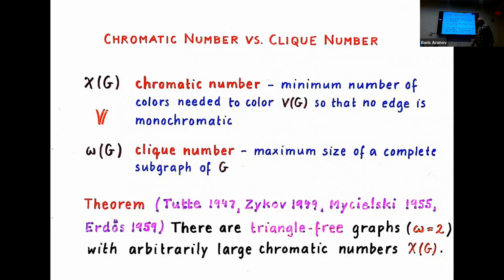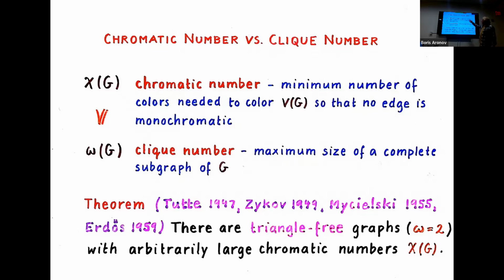So the definition of perfectness needs two familiar notions. One is the chromatic number of the graph, and the other is the clique number. The clique number is very easy. It is just the maximum number of vertices you can find in the graph so that any two of them are connected by an edge. That's a clique.